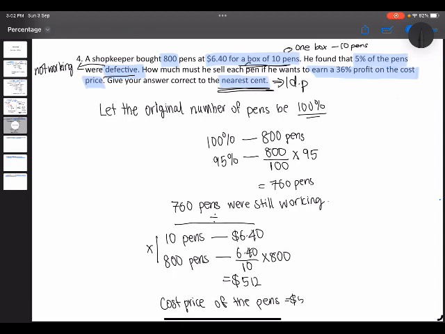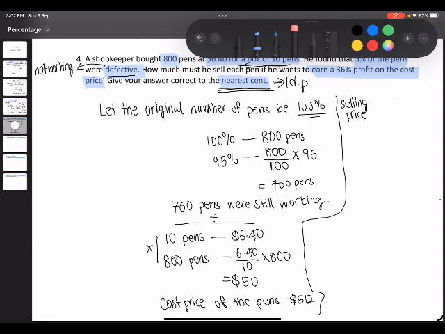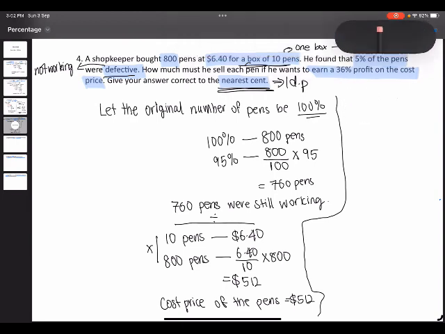So cost price of the pens is $512. Let's draw a divider. So the selling price of the pens is the... once again we have to write the statement.